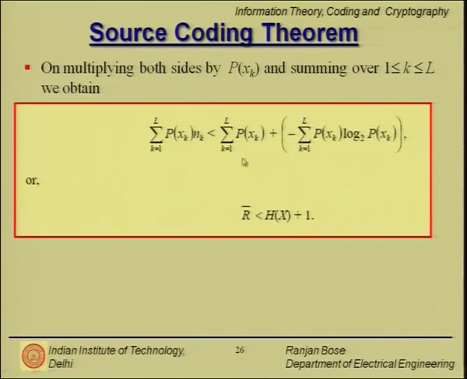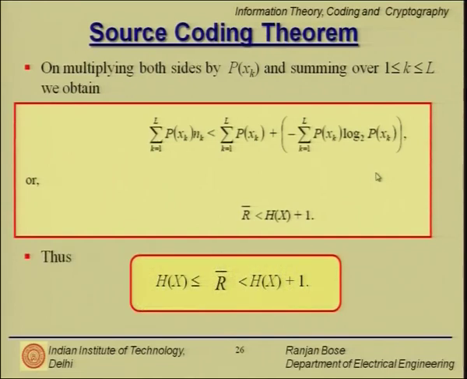But suddenly we can see a very simple formula emerging from it. This left hand side is nothing but the average code word length r bar, and it is less than this quantity, which is 1 plus the entropy.